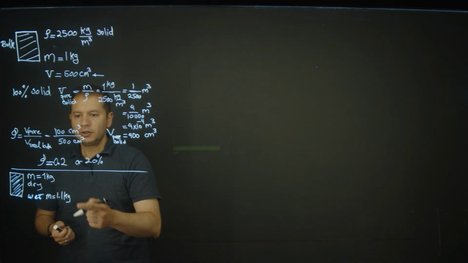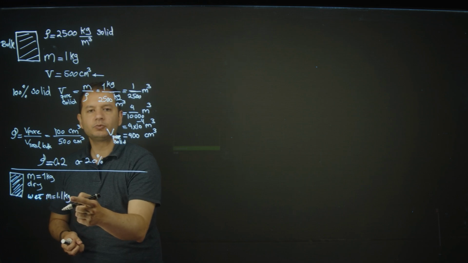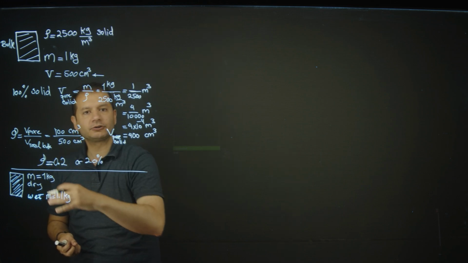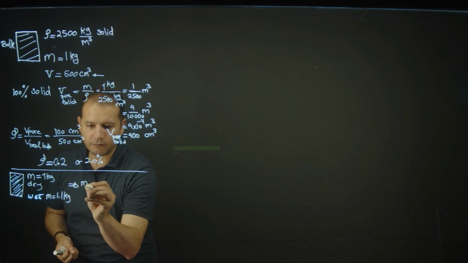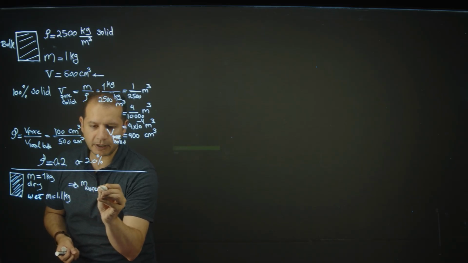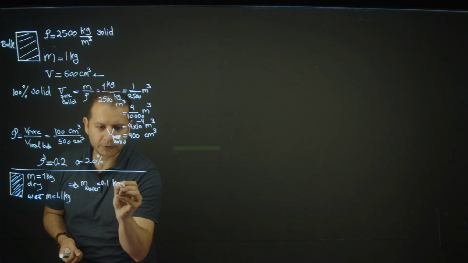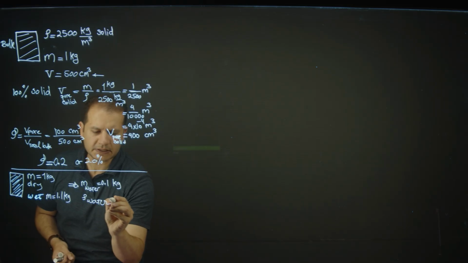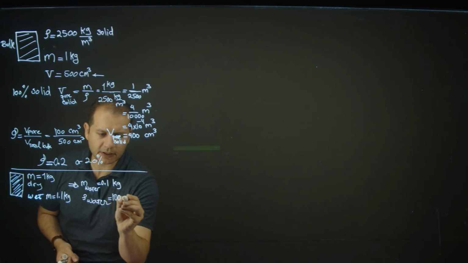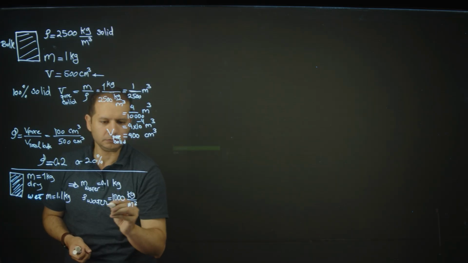Well, the dry rock is 1 kilogram, the wet rock is 1.1 kilograms after I fully penetrated it with water. Therefore, the mass of water in my pore space is 0.1 kilogram. I know the density of water is approximately 1,000 kilograms per cubic meter.